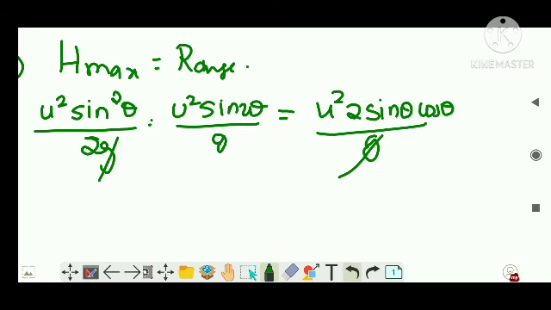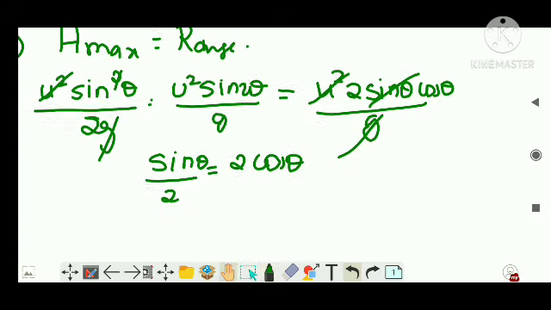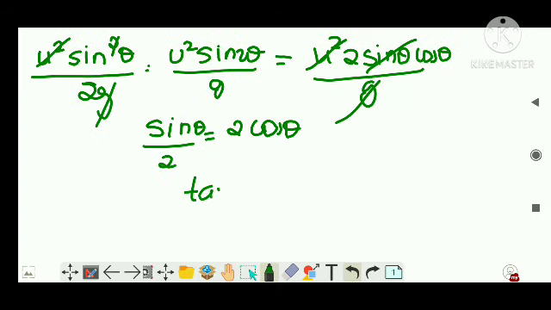Now this g cancels out, and u squared cancels out. One sine theta cancels out. So I have sine theta by 2 is equal to 2 cos theta, or I can write tan theta is equal to 4, or theta is equal to tan inverse 4.